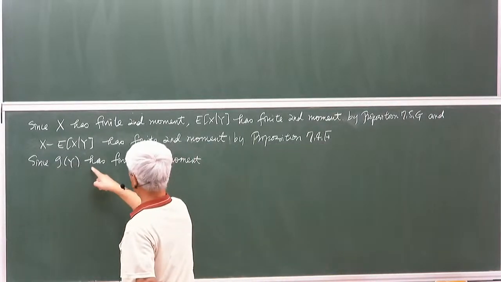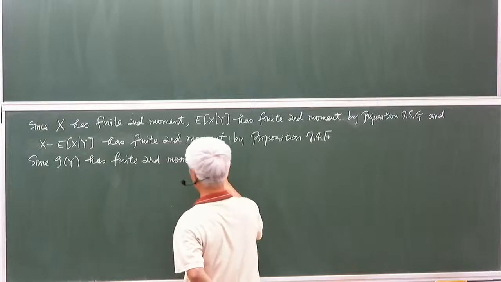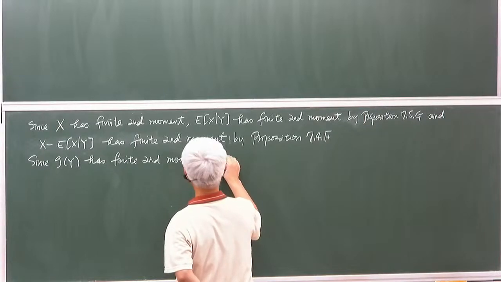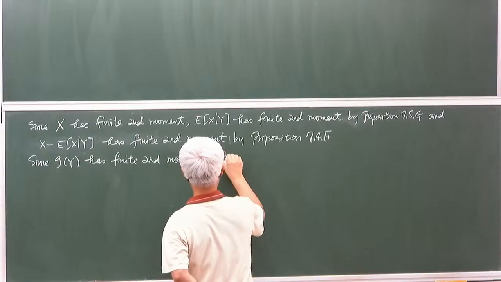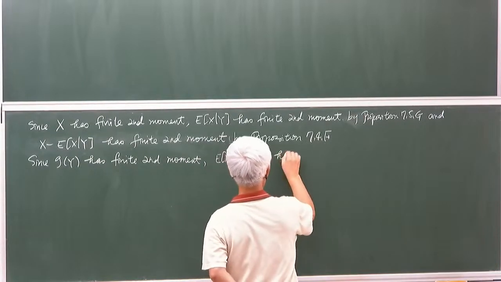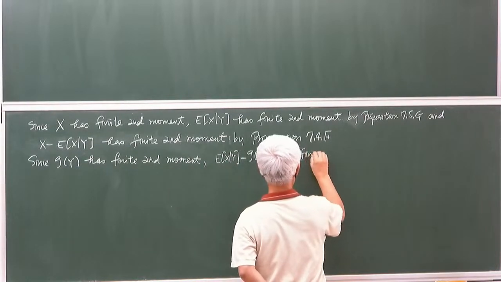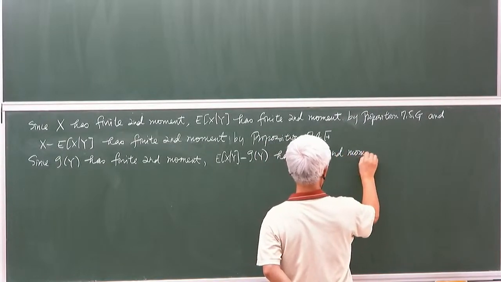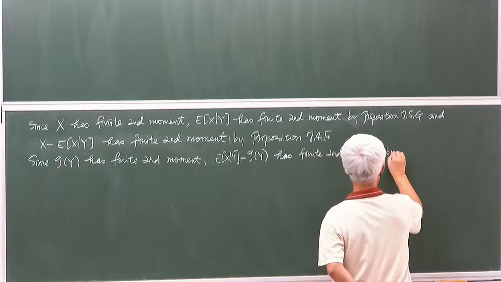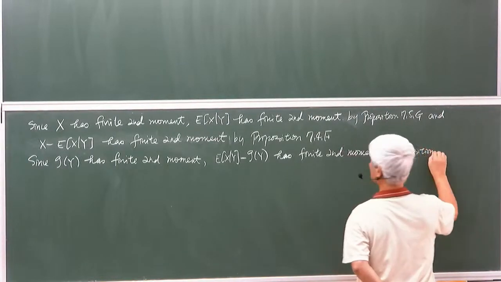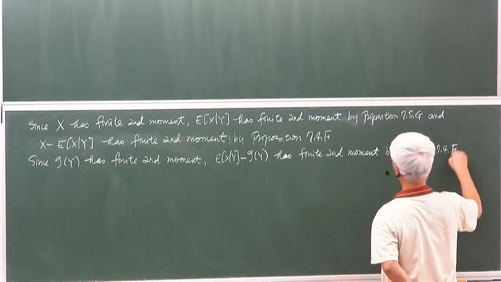Now, since G of Y has finite second moment, that has a finite second moment, again by proposition 7.4.7.